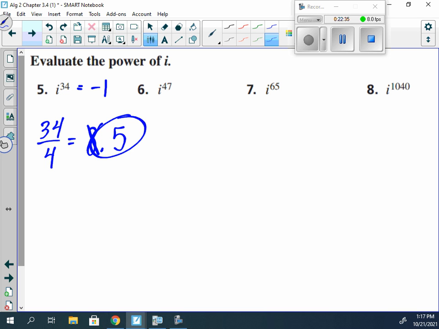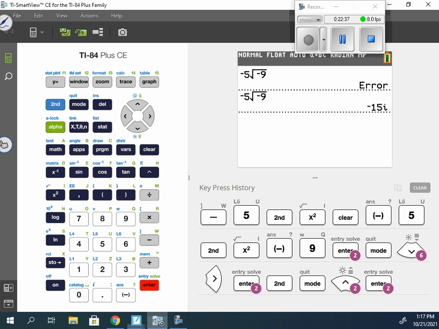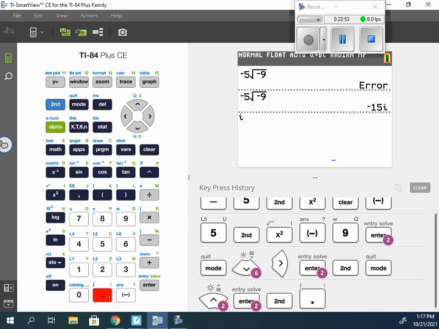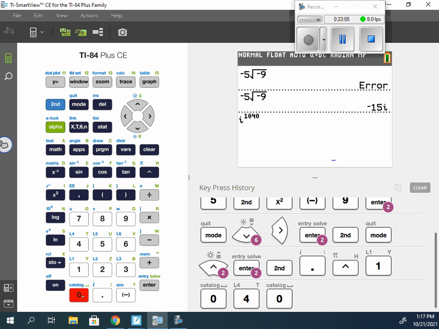So we have the other two, but let's look at i to the 1040. And let's try plugging it in. Now to plug in i, we can go second decimal. Second decimal will give us i on the graphing calculator. So on the graphing calculator, if we go second decimal, exponent, 1040, and hit enter.